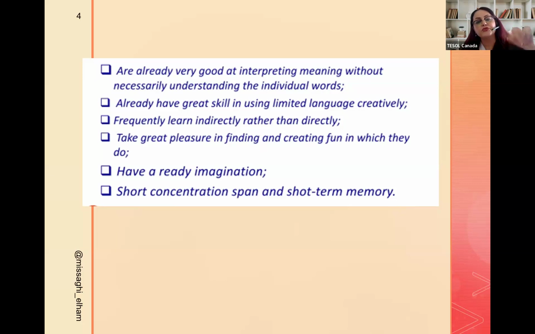They never go through the details. Maybe they don't understand some words in the conversation, but when they understand the conversation is about the weather, they start to use some of the words that they know and say, yes, it's cold. Oh no, it's warm today, you know? So they never ask for the details and they never go through the details.